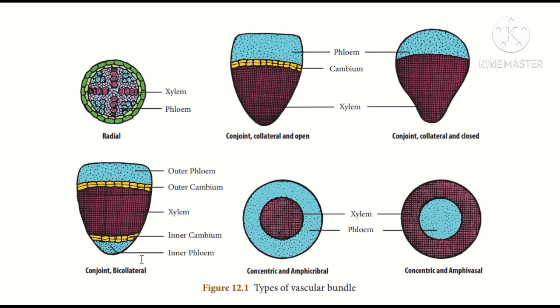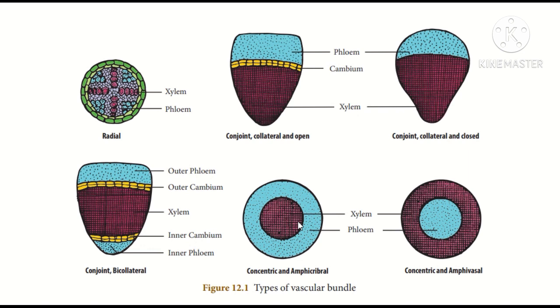And the third important type will be concentric vascular bundle. And what is concentric? It's a type of vascular bundle arrangement in which xylem completely surrounds the phloem or phloem completely surrounds the xylem. These two diagrams you can just take as an example. Either phloem will be present inside and the xylem outside, or vice versa.